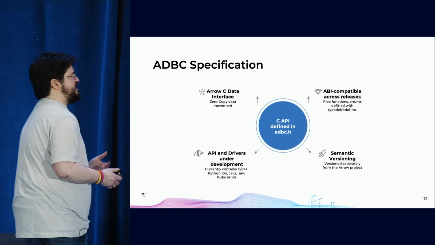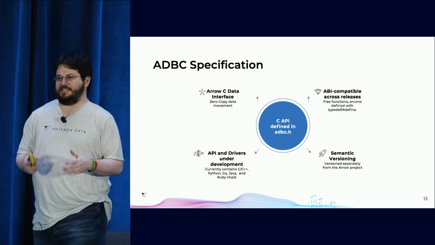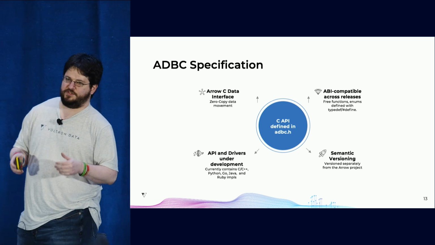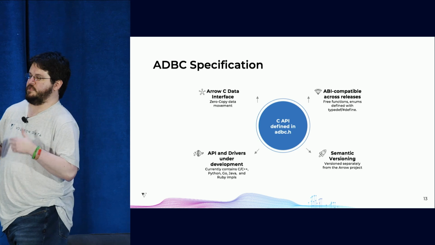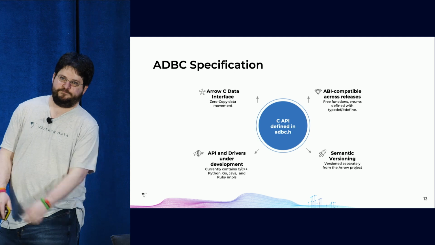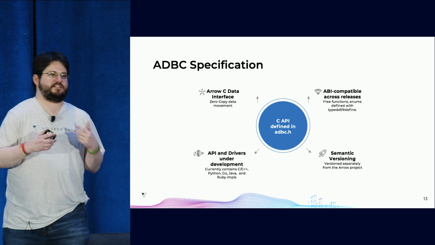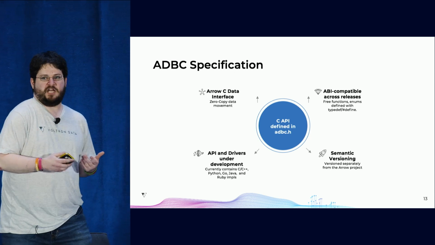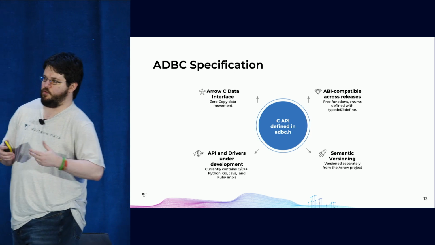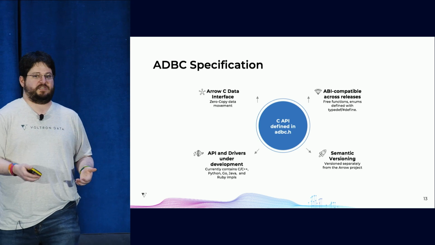At its core, ADBC is just an interface defined in a C header. Anything that can do extern C and expose that interface can be used by the implementations for ADBC. That's the core, the basics of it. And the reason for that is because Arrow has a C data interface that's defined: a couple small structures that are a little bit of metadata and then some pointers to the buffers so that you can pass data across a C boundary without copying it.